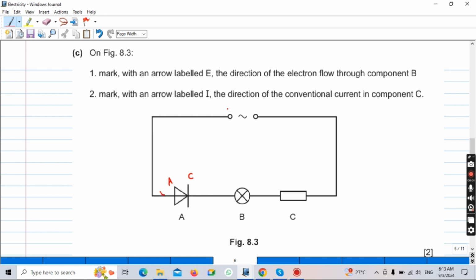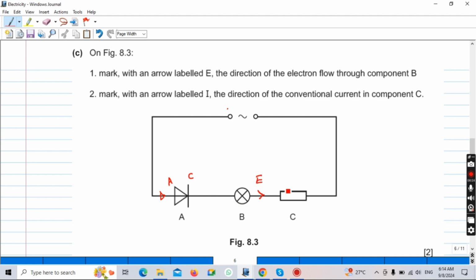So I would say it allows current only in the forward bias direction. So this is the current passing through the component B. I will label it as E, or it's better you label it as B after it has passed.